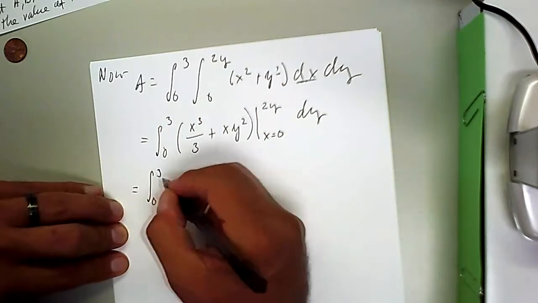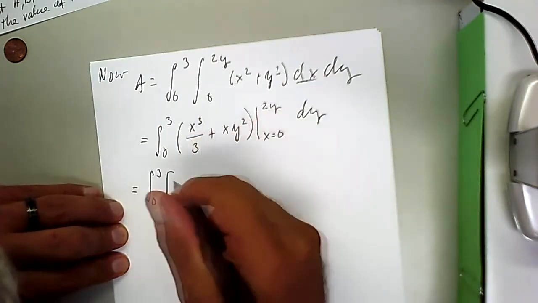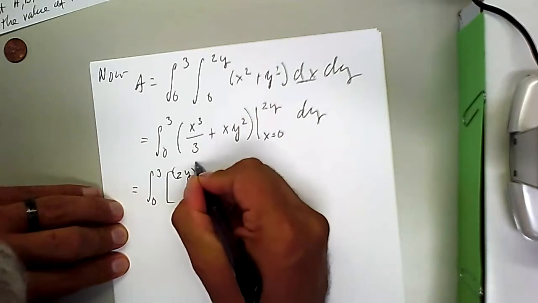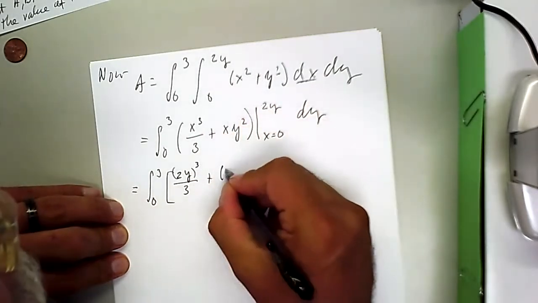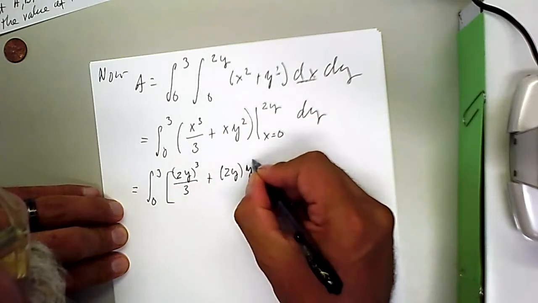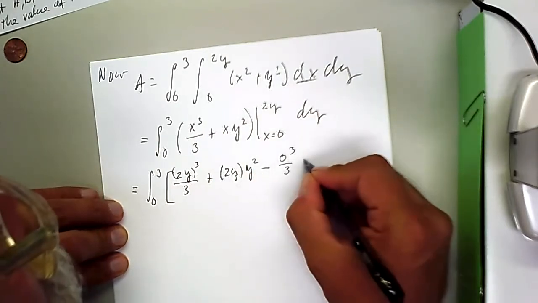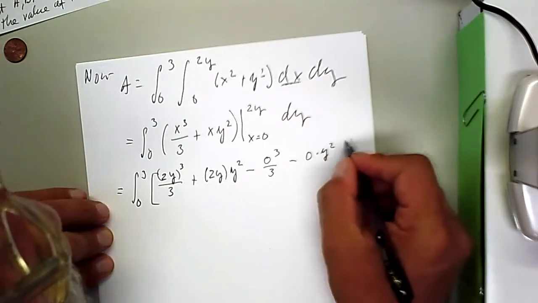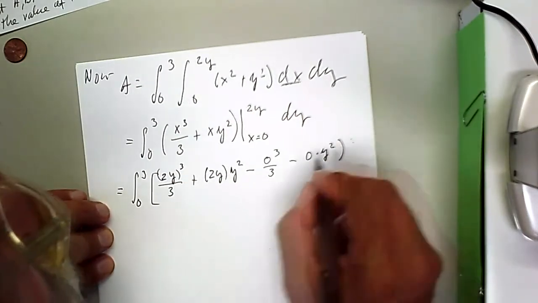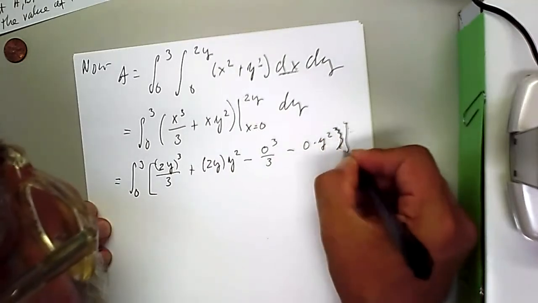So the outer integral waits while we plug in. So 2y here, 2y quantity cubed over 3 plus 2y times y squared, minus 0 cubed over 3 minus 0 times y squared, close parenthesis, or oops, I started a bracket, so I better end with a bracket, dy.